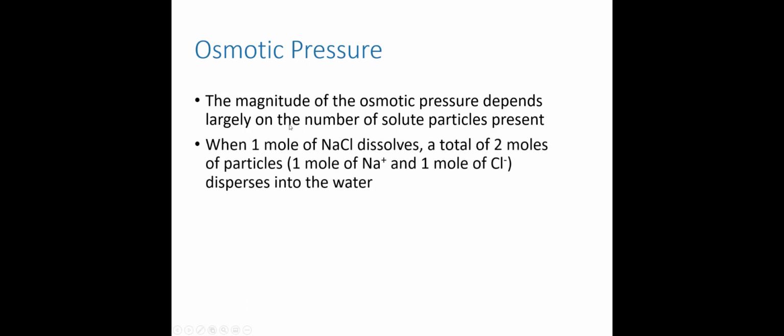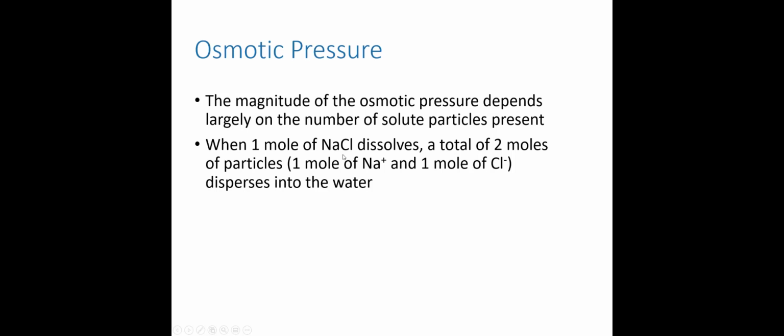Now, what's tricky about osmotic pressure is it's not always just a matter of looking at the concentration of the solutes. It's the concentration of the solute particles. And let's see if we can explain that here. So let's say, for example, we take 1 mole of sodium chloride and we dissolve it in solution. 1 mole of sodium chloride actually gives you 2 moles of particles.